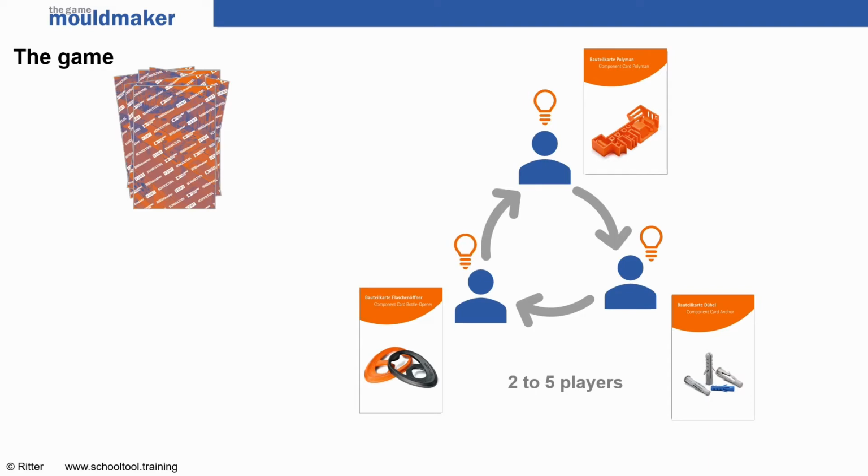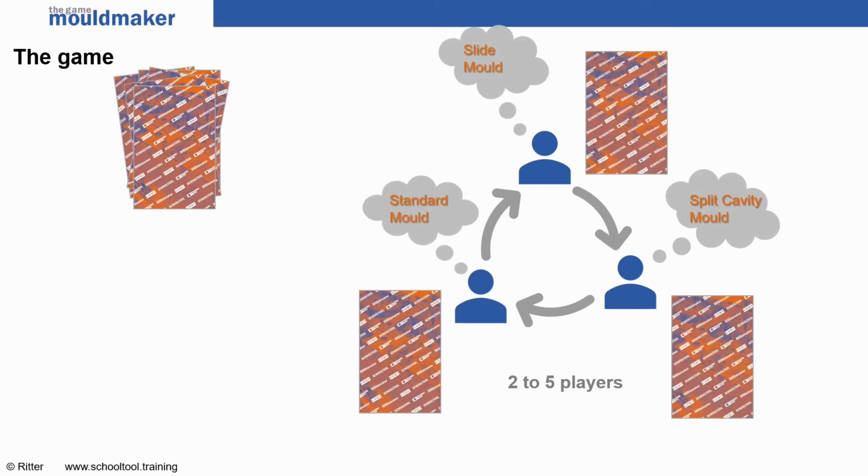Then they know, okay, I need to build a slide mold, a standard mold, or a split cavity mold. Each mold set exists 2 times, so there might be competing players looking for the same components.